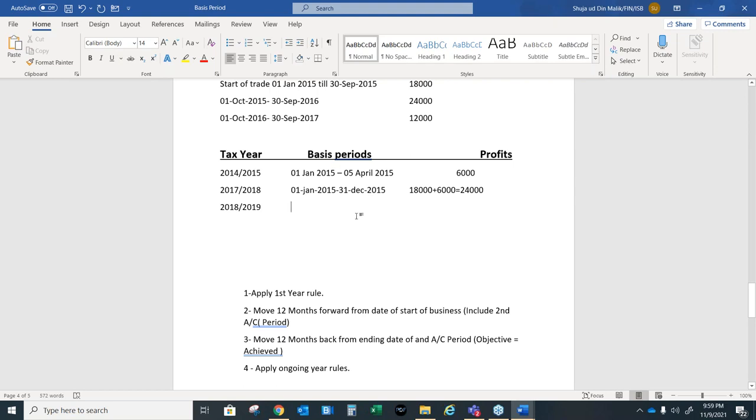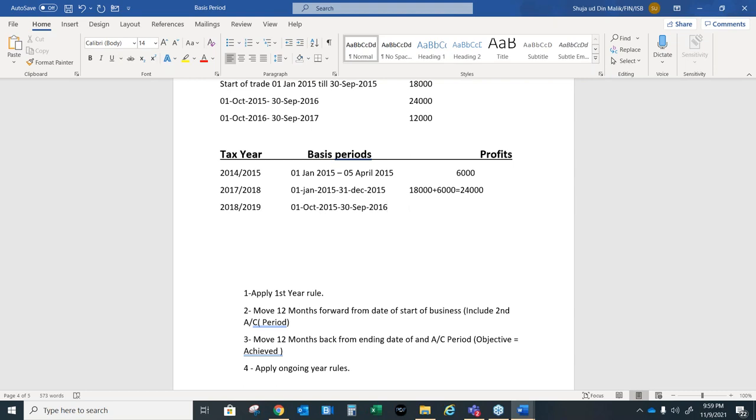Now we will be moving 12 months back from the ending date of the second accounting period, which will bring me on 1st October 2015 till 30th September 2016.